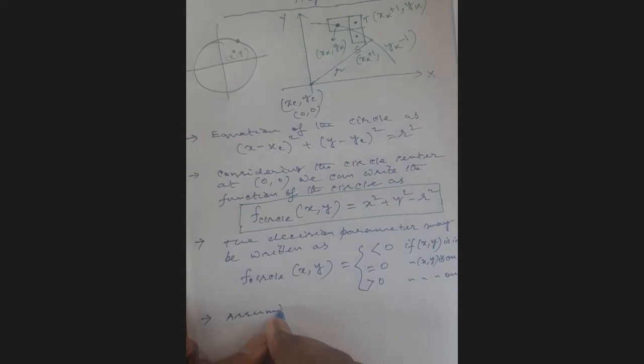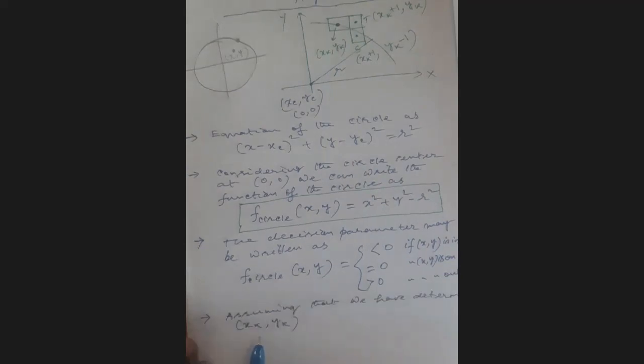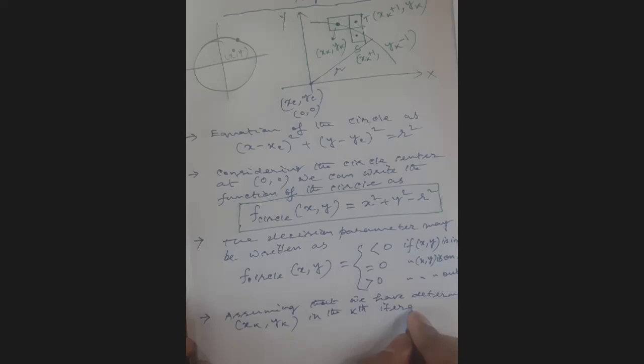We can name xk, yk also the point P in the kth iteration.